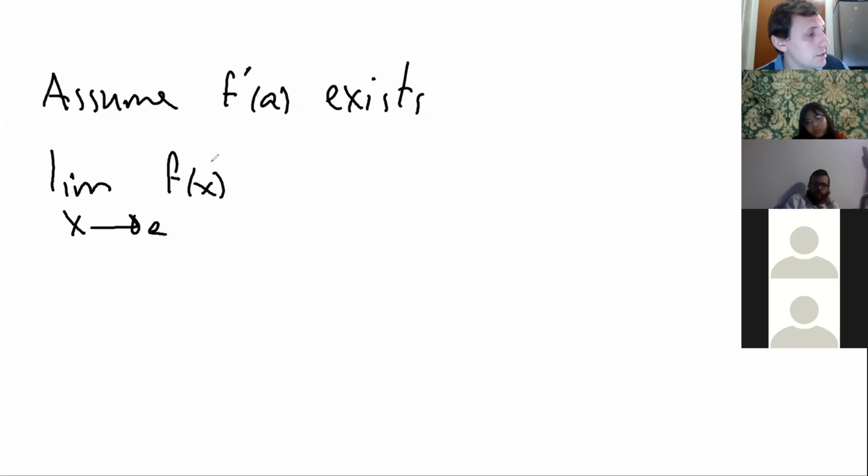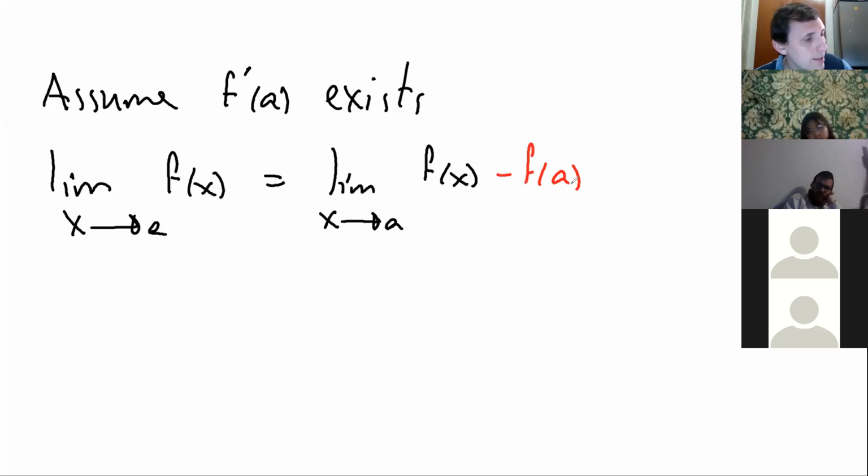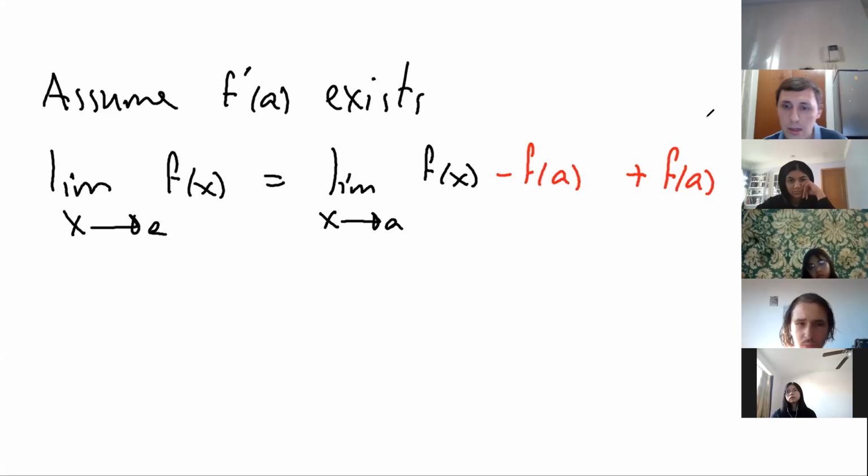So what is that, guys? Limit as x goes to a of f of x, and look what I do, I'll change color, minus f of a plus f of a. Do you understand why I subtracted and added f of a?